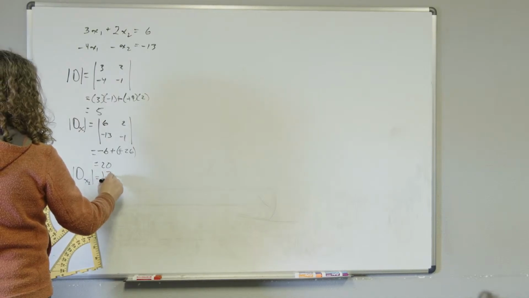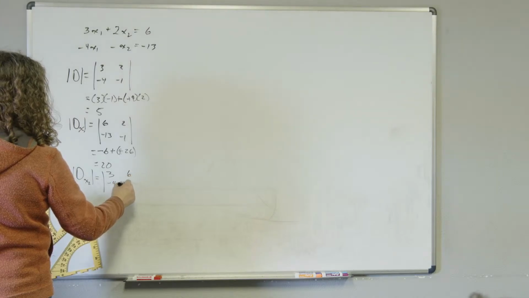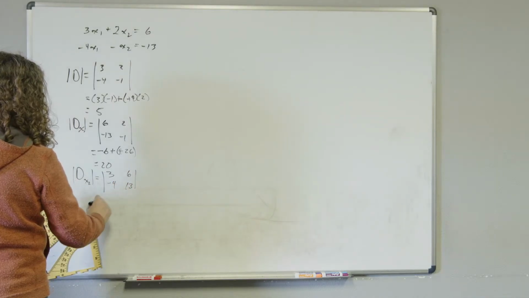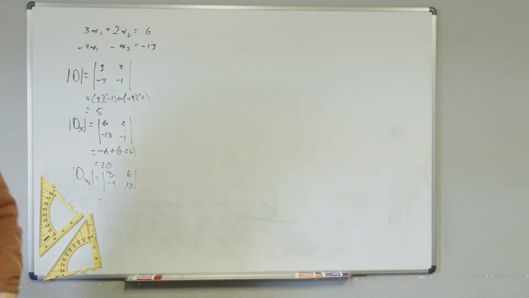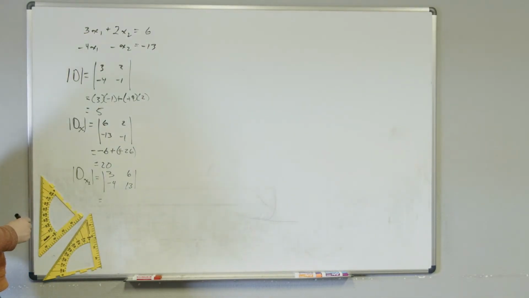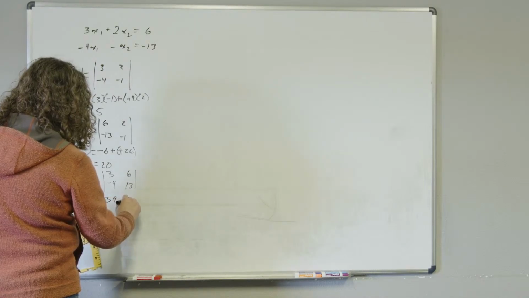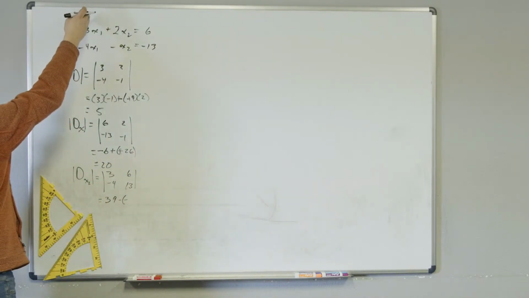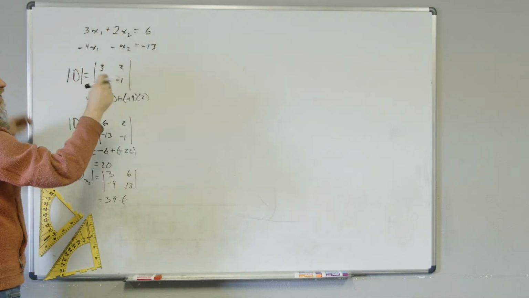For the other one, the first column would stay the same as it was. The next column would turn into 6 and negative 13. 3 times 13 is 39. How do you know what to swap out? Swap out the x's for the x one and the y's for the y one.